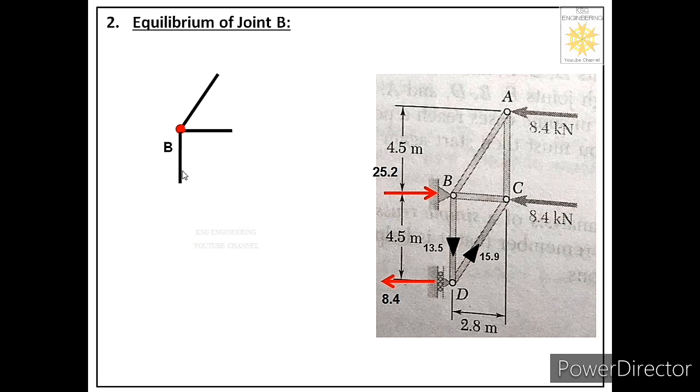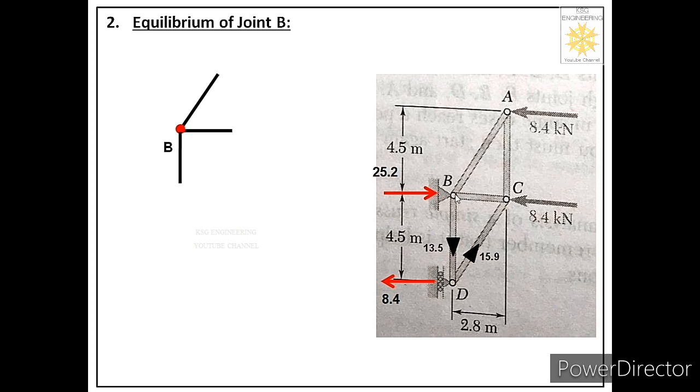Now after that we have to label the direction of forces in these three members. We will start with the known member first. Out of these three members, member DB is the known member because for this member we have already calculated its force. And that force is acting towards joint B. That means this force pulls joint B in downward direction.